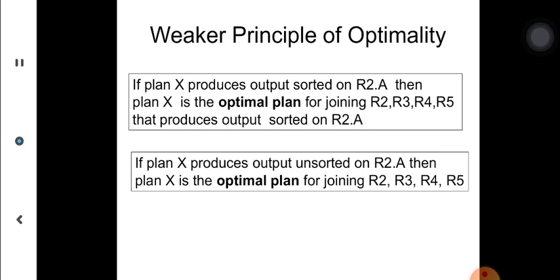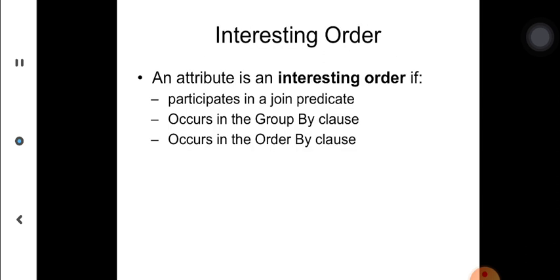If plan X produces output sorted on R2.A, then plan X is the optimal plan. If plan X produces output unsorted, then plan X is an optimal plan for joining this. So it depends on what condition you're looking at in terms of the principles of optimality. So these are interesting orders.